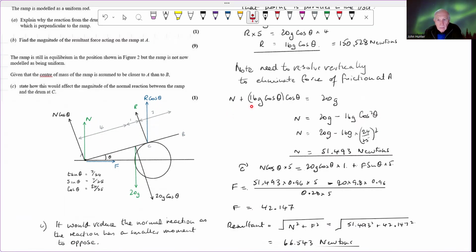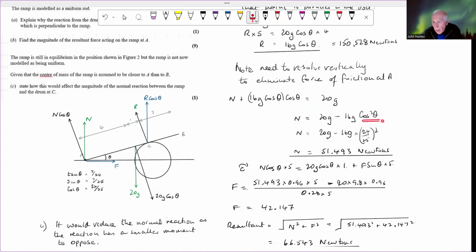So N plus R cos theta. These are the vertical going up forces. Well, this is R here. We established that R cos theta is going to equal 20G, that force down there. So if we work that one through, we know all these things here, so N just works out.